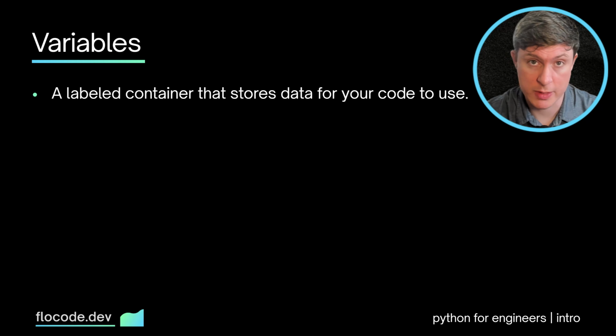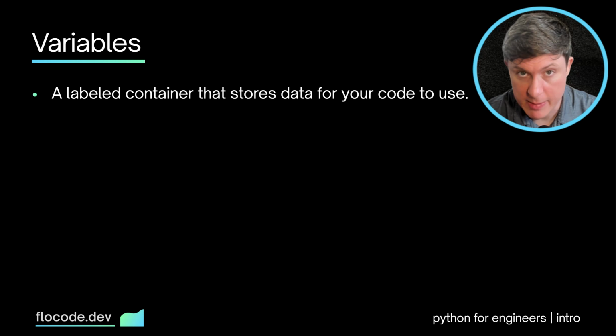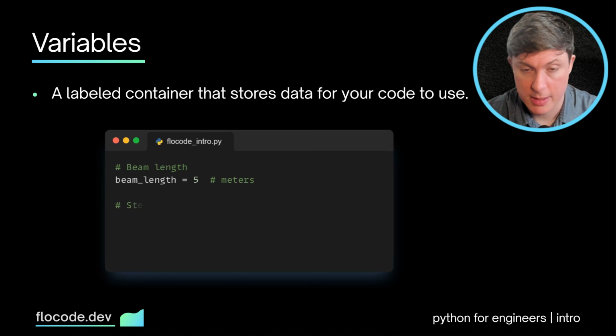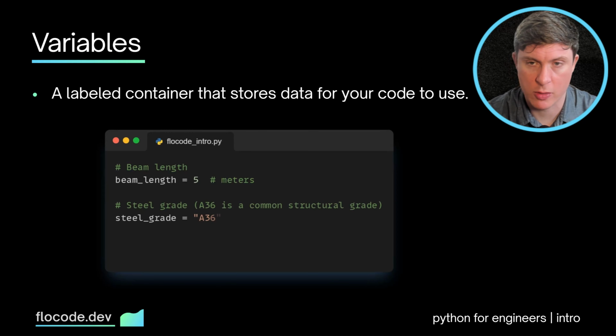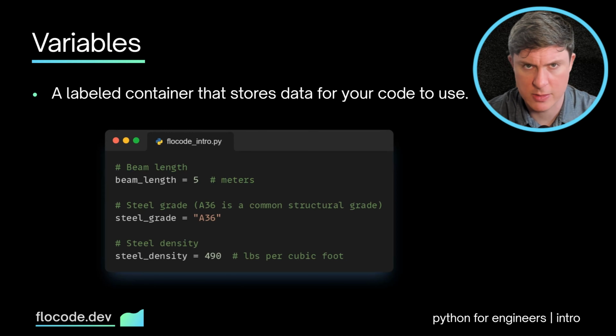You must choose a descriptive name that directly relates to the concept that they represent, like beam length, steel grade, steel density. This makes your code self-documenting and so much easier to understand for yourself and anyone working with it. Usually it's the future version of yourself one week or two weeks down the line where you completely forget what you did, if you're anything like me.